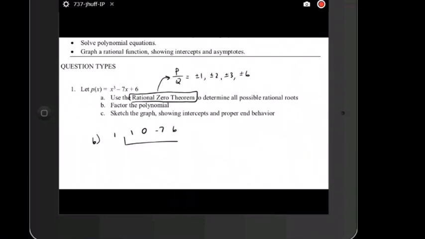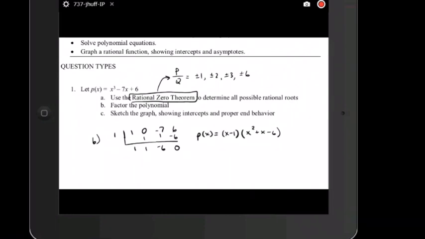So testing 1, see if it works. So what we get from that is one of the factors is x minus 1. And then the other factor comes from those coefficients right there, 1, 1, and negative 6. So we have x squared plus x minus 6.